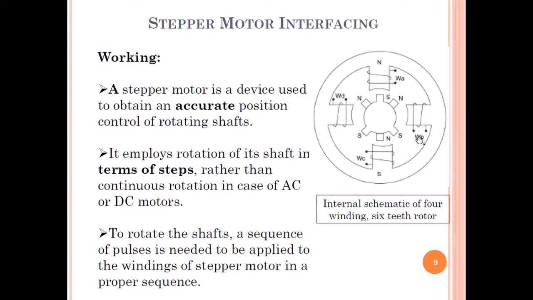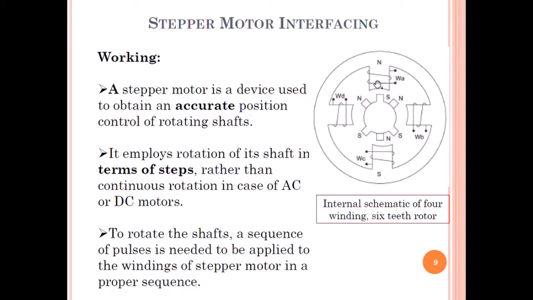Now if we change the pulses in the windings, suppose next this will become north, and this will become south, then this north pole will align itself to the south pole of the stator teeth. That's why it is not moving continuously or smoothly, it is moving in steps.